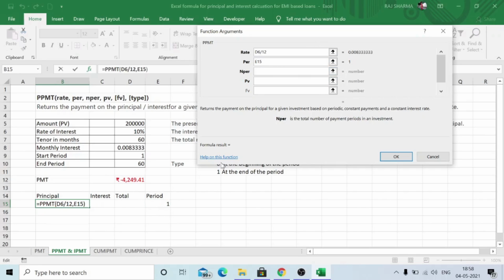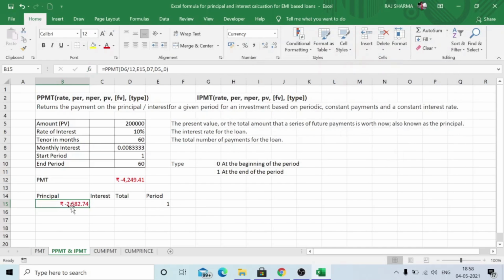Then NPER is the total number of payments, which we have taken. Then PV is the present value that we have taken. Then type is 0, as we are going by payment at the end of the period, and let us enter it. So 2,582.74 is the principal out of 4,249.41 in the first month on this loan of 2 lakh.